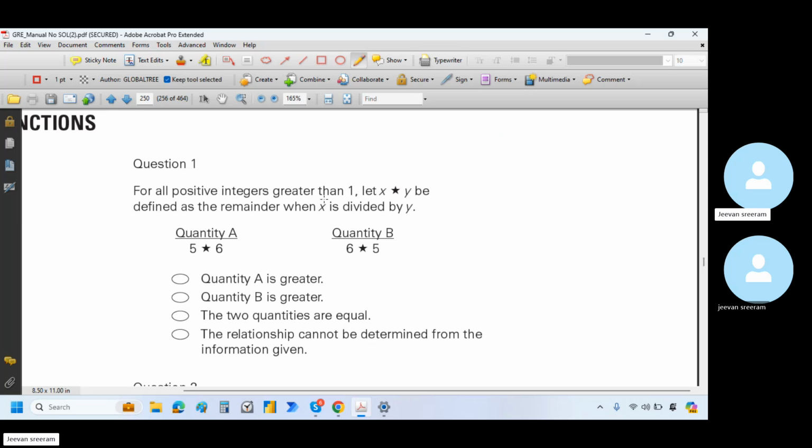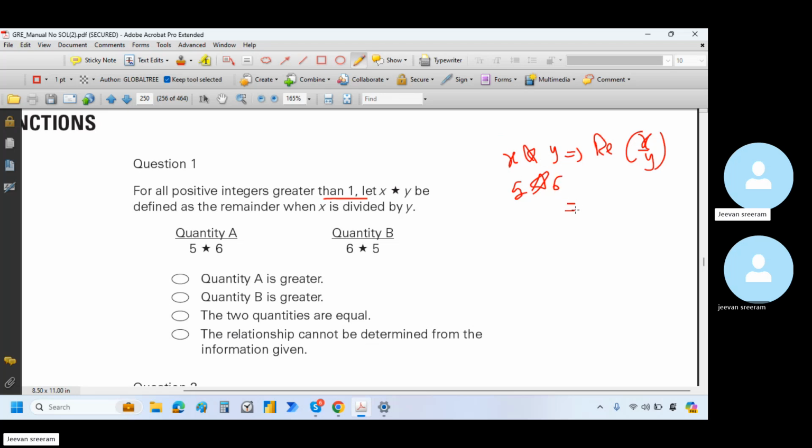For all positive integers greater than 1, x star y is defined as the remainder when x is divided by y. So remainder of x by y.